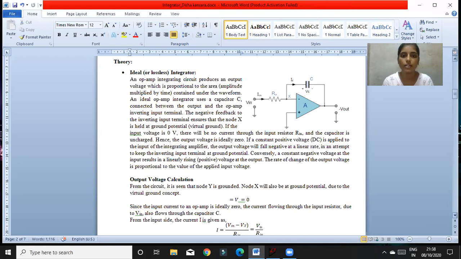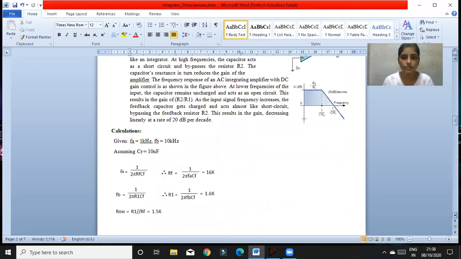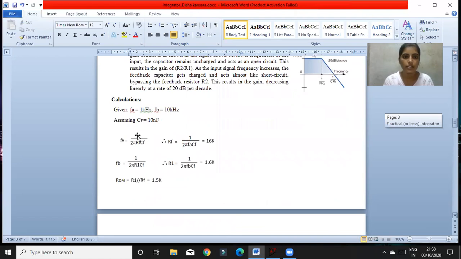So now I calculate. This is my calculations of the integrator. I consider fa as 1 kilohertz, fb as 10 kilohertz, and I assume Cf is 10 nanofarad. So fa is 1 by 2 pi Rf Cf.